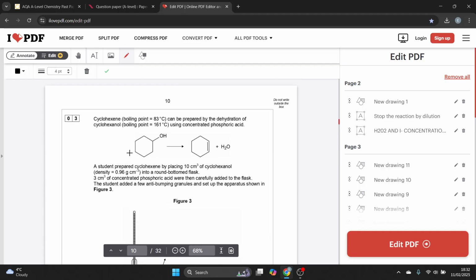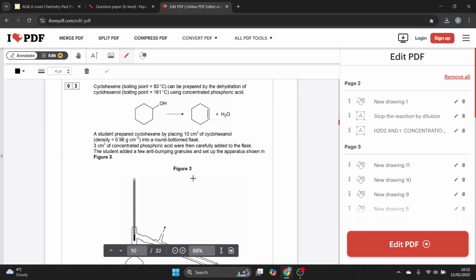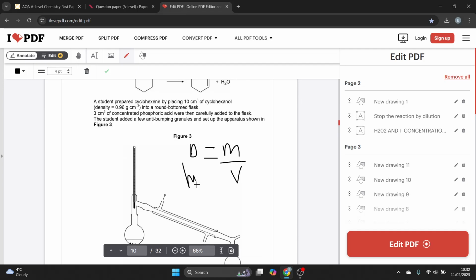Cyclohexene can be prepared by dehydration of cyclohexanol using concentrated phosphoric acid. You should prepare this by placing this much cyclohexanol. Okay, so already I can see I'm going to have to use density is mass over volume. Therefore, mass is density times volume, which is 0.96 times 10, which is 9.6.